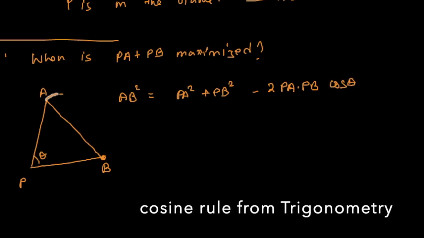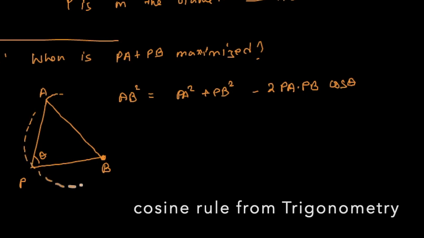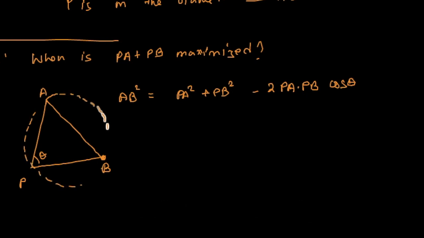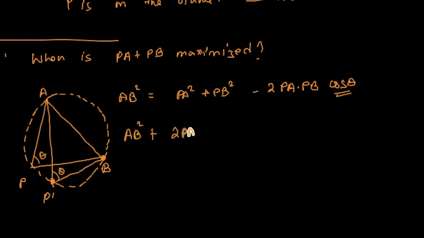So this was the circle. Again, it doesn't matter where P is because the theta will remain the same even if it is here. So cosine of theta will not change. So let's bring AB square plus twice PA times PB cosine of theta to the other side.